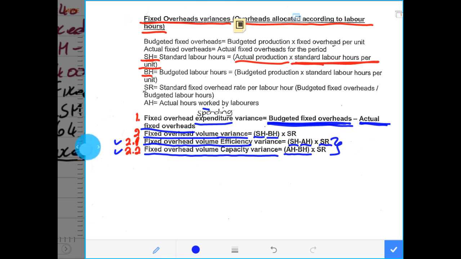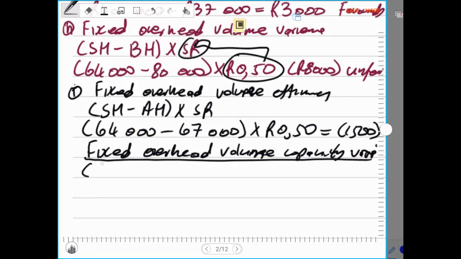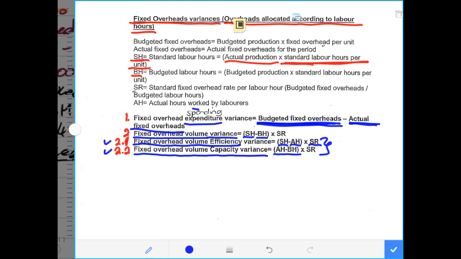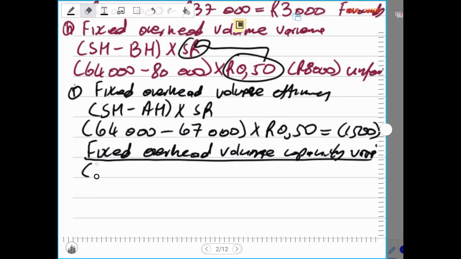Actual hours was 67,000, and budgeted hours we calculated previously.